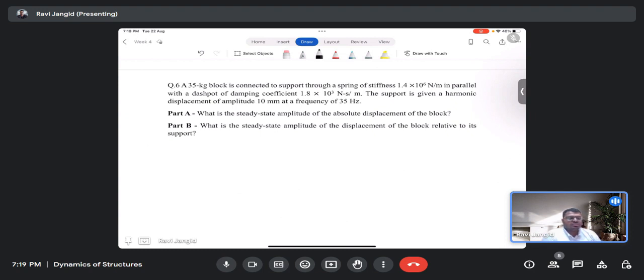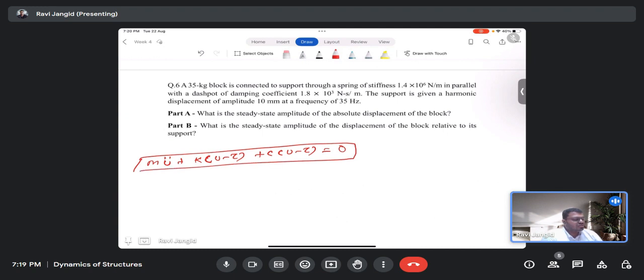For the absolute, we wrote initially an equation in the vehicle problem: m u double dot plus k into u minus z plus c into u dot minus z dot. That was the equation for the absolute, where u is your absolute.